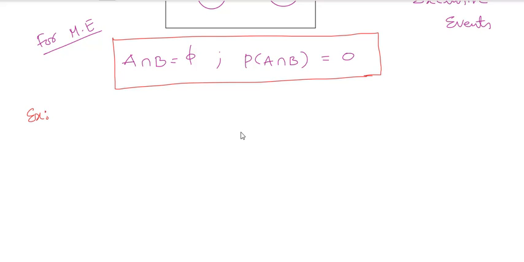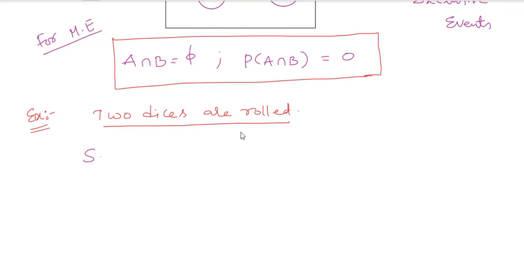Here I'm taking an example: 2 dice are rolled. What is the sample space? 2 dice means 6 square, which is 36 outcomes in the sample space.